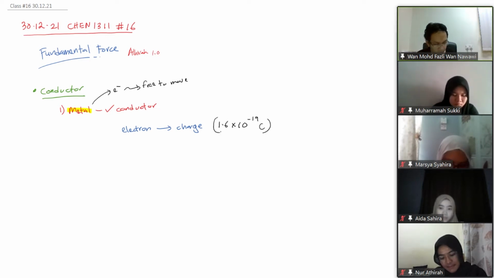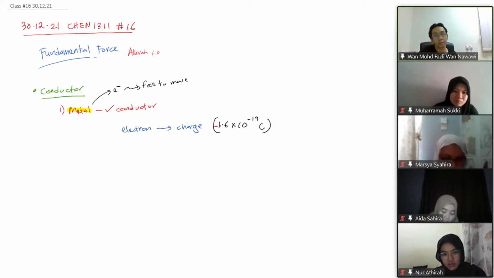Because the electron carries negative charge, you normally see a negative sign in front. The negative is just to say that this is a negative charge. So the electron carries a charge of negative 1.6 times 10 to the power of negative 19 Coulomb.